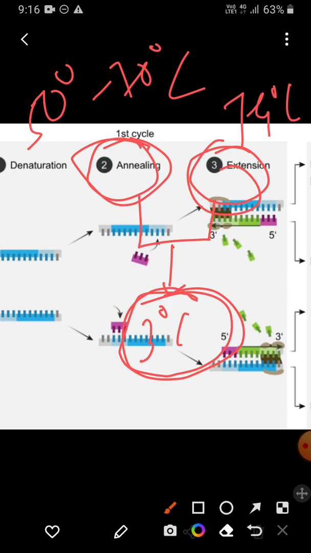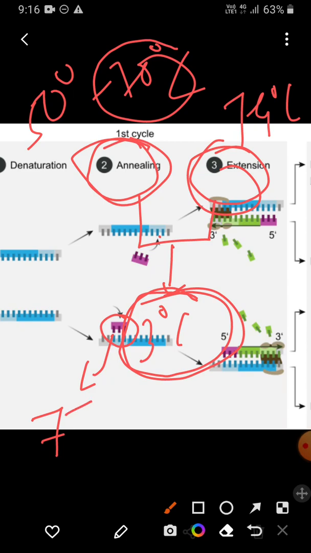Now just think, if the Tm value of the primer that we have obtained is near about 77 degrees centigrade. Okay, so as I have told you, we have to set our annealing temperature 5 degrees centigrade below the Tm value, so that we can feel safe that there can be no chance of any kind of mismatch hybridization.